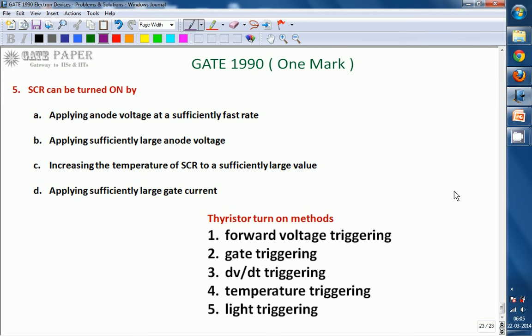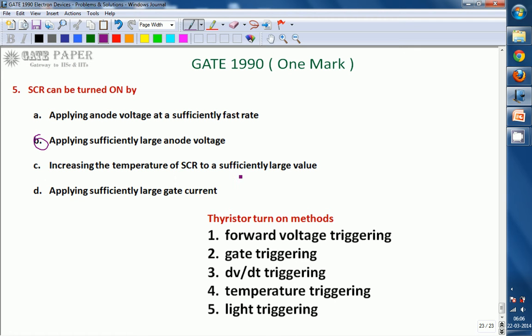So if you apply a sufficiently large anode voltage, greater than the forward breakover voltage, then the SCR can be turned on. So B can be the answer.